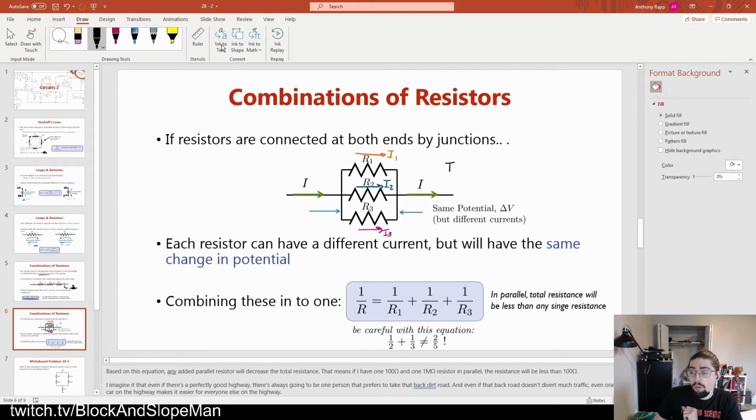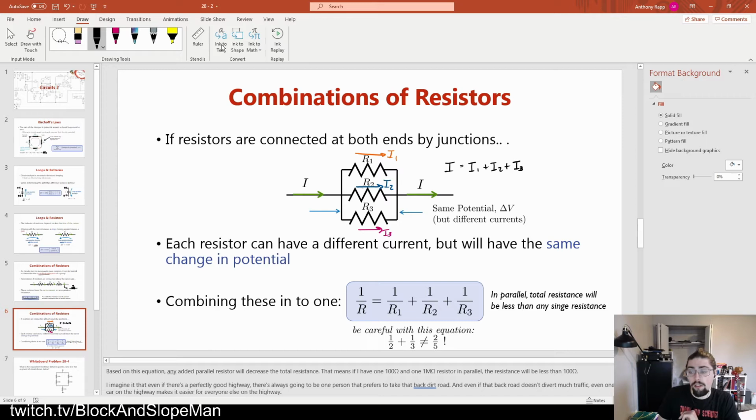What we do know is that the current coming in gets split up between each path. So I1 plus I2 plus I3 is equal to the total I coming in is equal to the total I coming out. But while we are in these split paths, the current is going to split up. However, they all do have the same change in potential, which is nice, right?